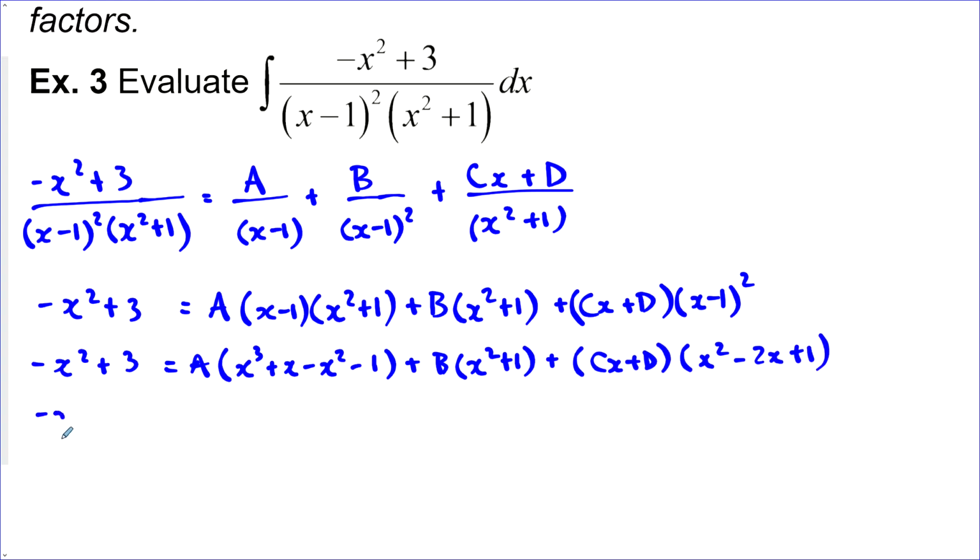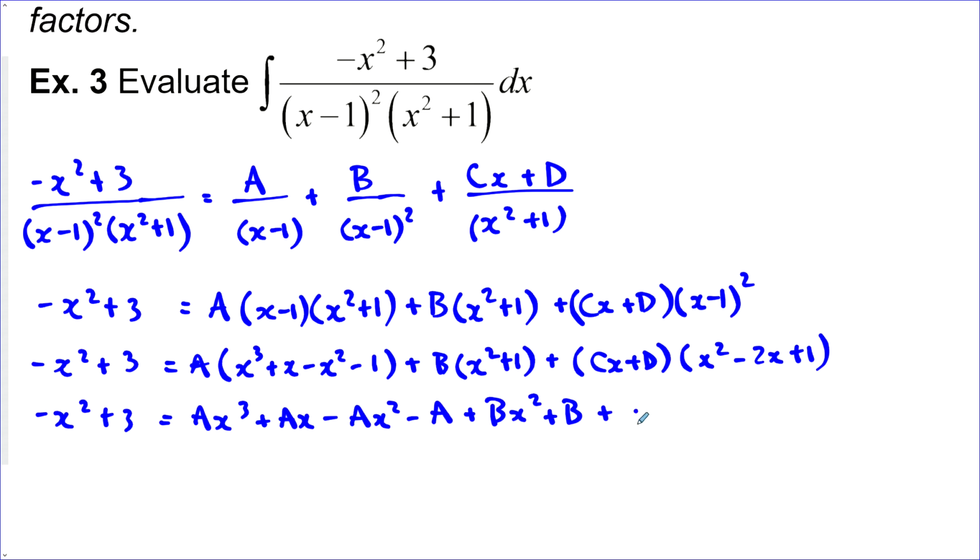Now I'll distribute in the a, b, c, d. So that's ax cubed plus ax minus ax squared minus a plus bx squared plus b plus cx cubed minus 2cx squared plus cx plus dx squared minus 2dx plus d.